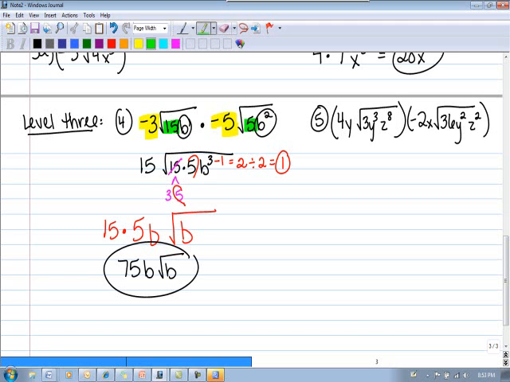So multiply outside the radical first. So I do 4 times negative 8... sorry, 4 times negative 2 gives me negative 8. And y and x don't combine, but I just go ahead and write yx.